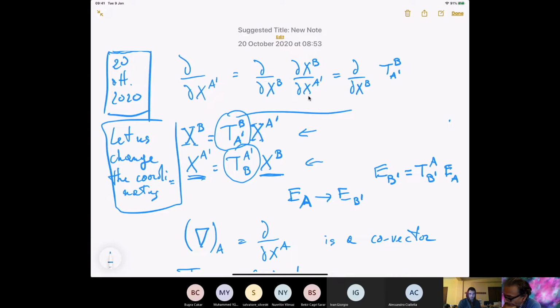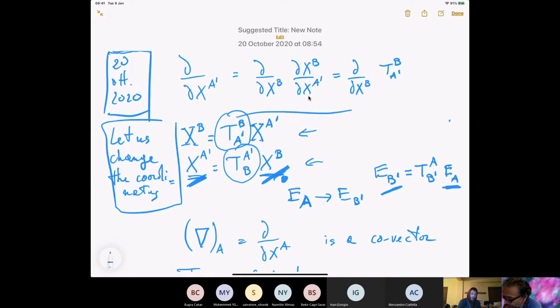Now, if you move from B without index, the components here, okay, into the components, the new components in the new basis.